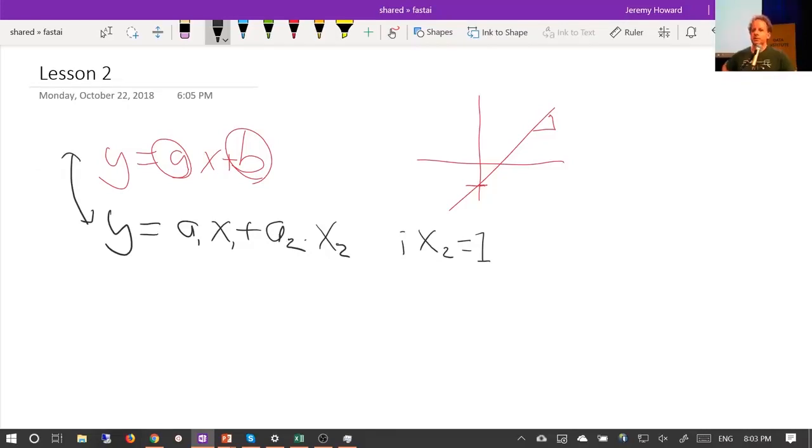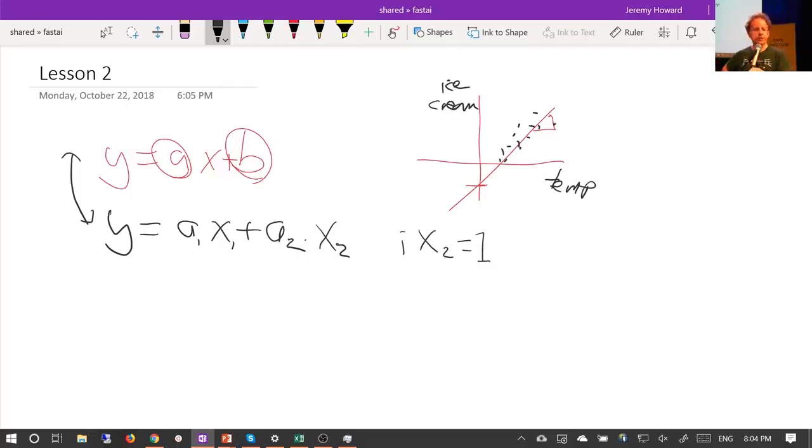Now, in machine learning, we don't just have one equation, we've got lots, right? So if we've got some data that represents the temperature versus the number of ice creams sold, then we kind of have lots of dots.